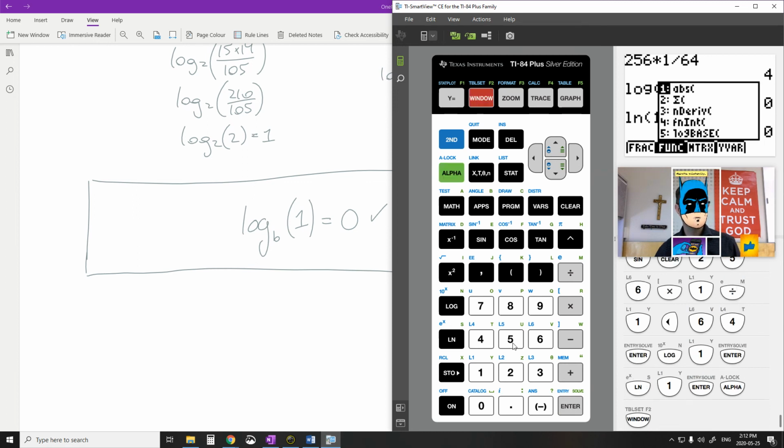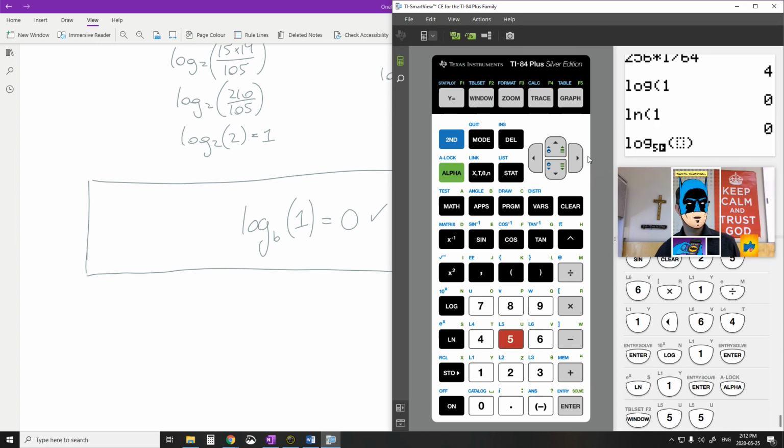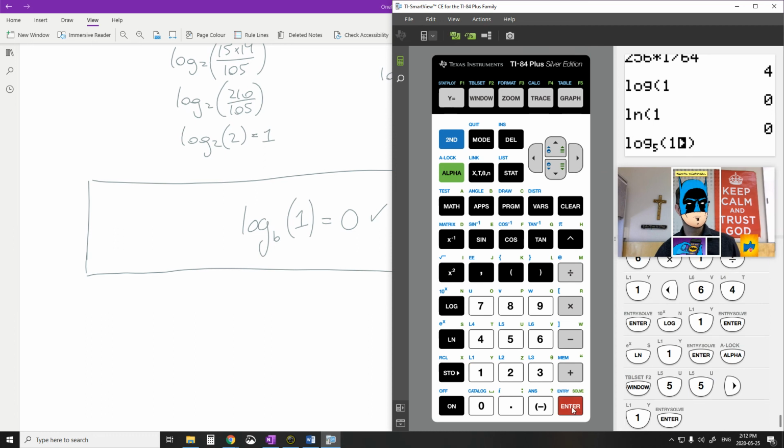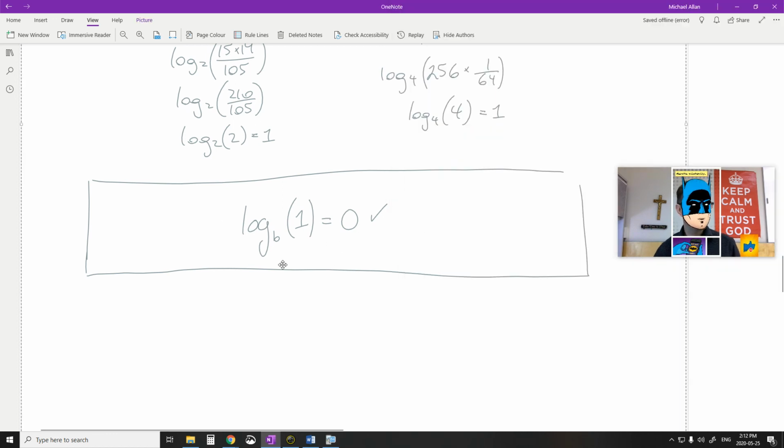Log base 5 of 1 ends up being 0. Because you make y equal to 0, and then you're trying to find what x value would make that true. So it's 1. This is finding the x-intercept. It's a very important property.